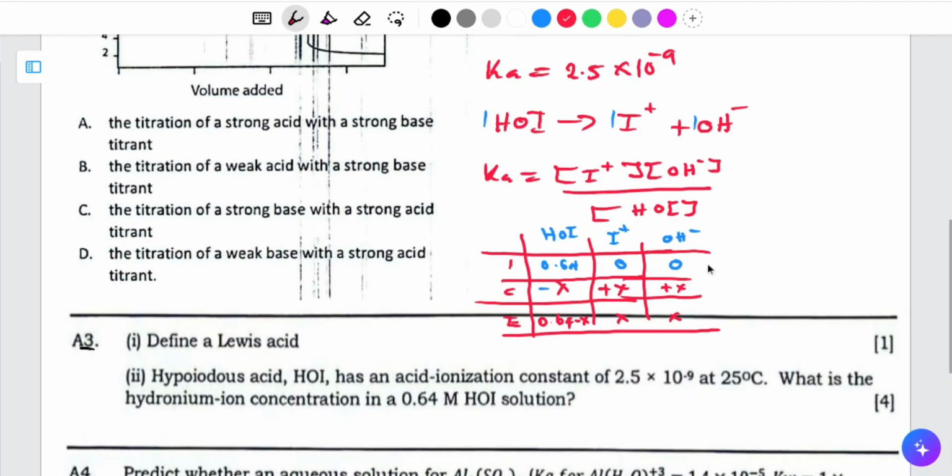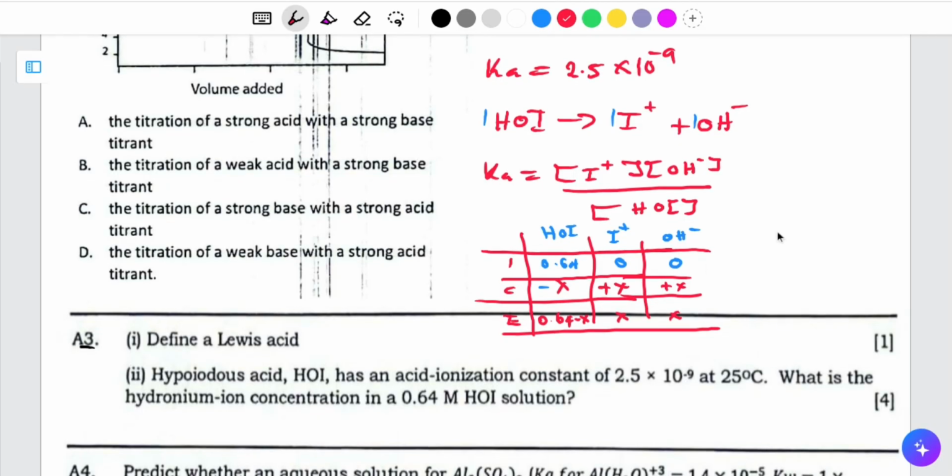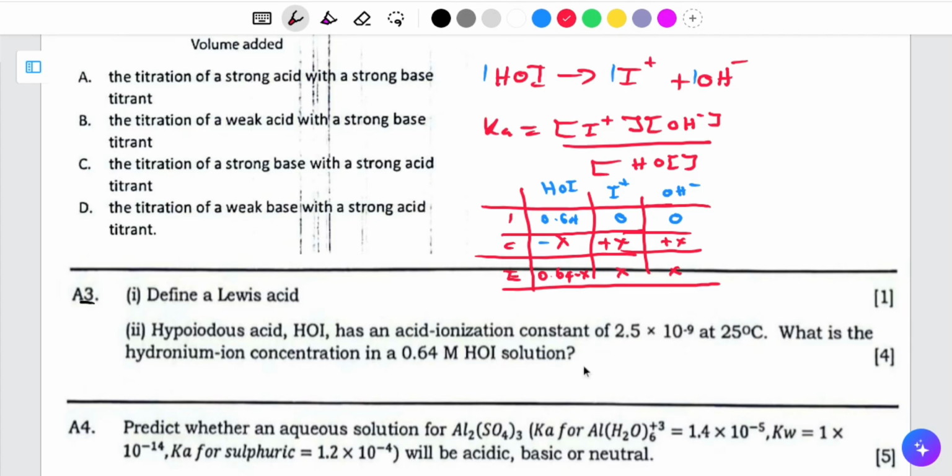According to the Ka that we have, 2.5 multiplied by 10 to the power negative 9 is going to be equal to the concentration of this one, that is x, and for hydroxide, that is x also, divided by the concentration of the acid, which is 0.64 minus x.